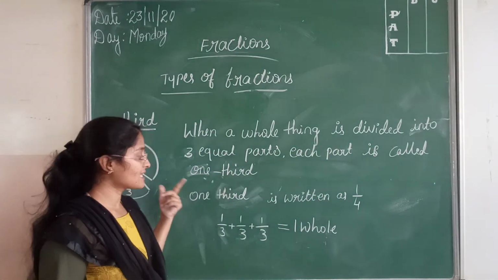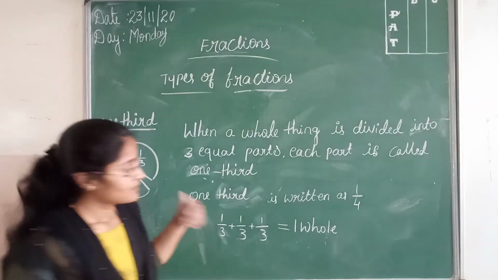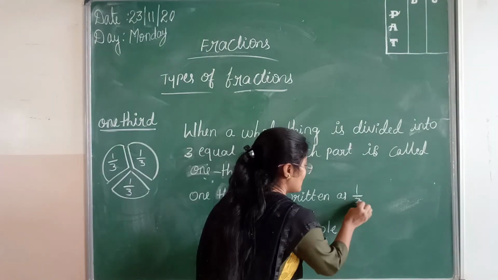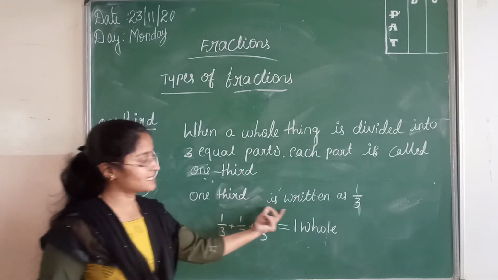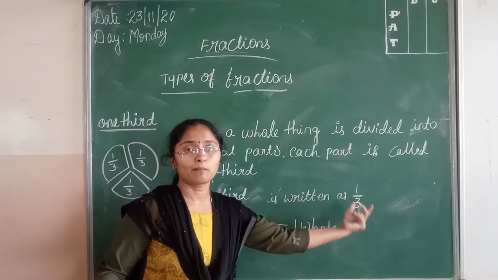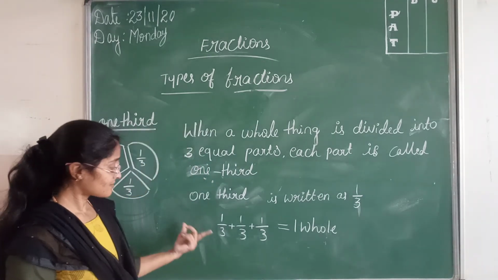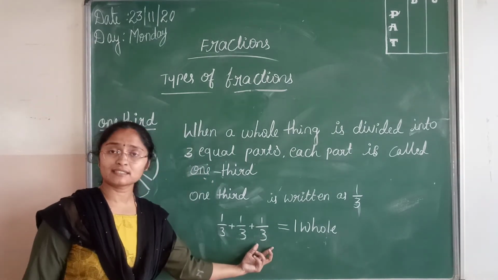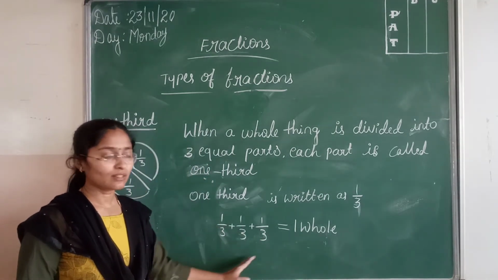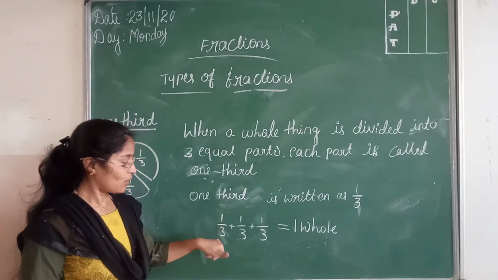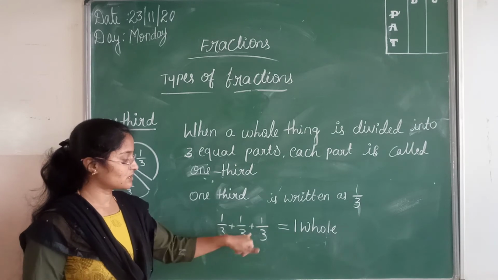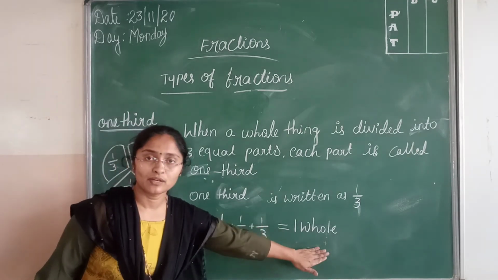We read it as 1/3. So 1/3 is written as 1 upon 3. So when we add all these 3 parts, we will get 1 whole. 1/3 plus 1/3 plus 1/3 is 1 whole.